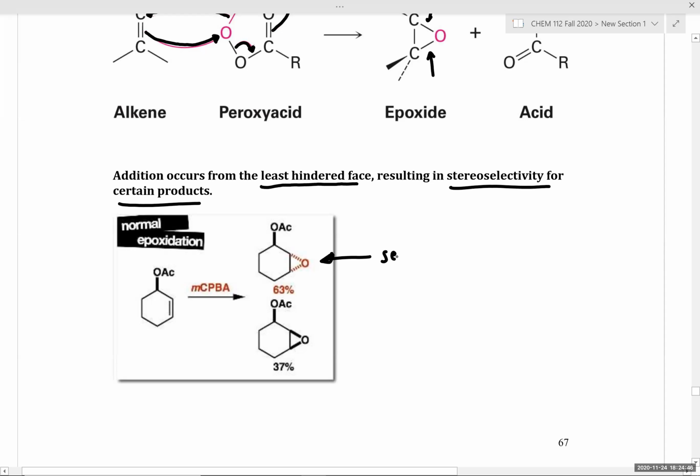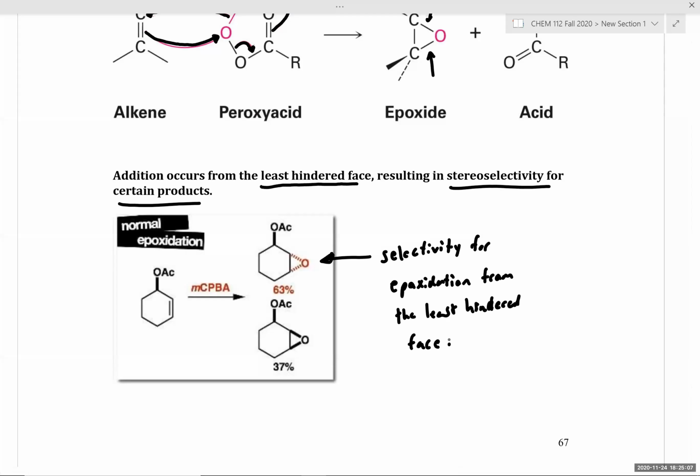So as we notice, we observe selectivity for epoxidation from the least hindered face. Just like all the previous reactions we looked at, inherent steric bias in your starting material can bias the outcome of this reaction.